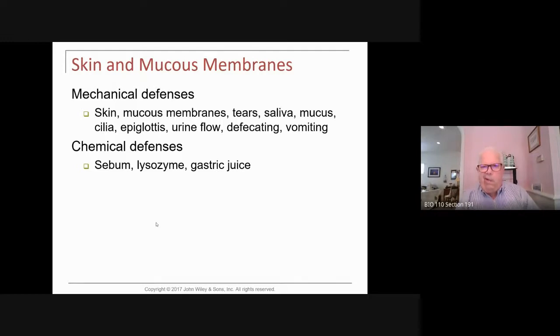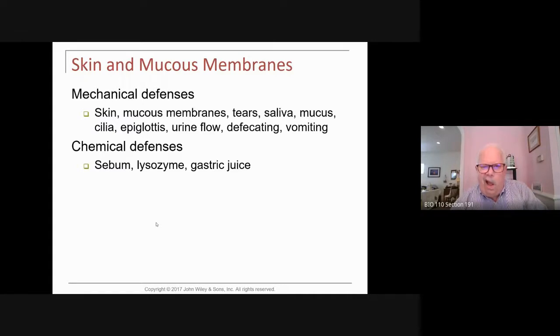Your skin is a barrier. You have tears to wash away bacteria from your eyes. You have saliva. In the saliva are enzymes to kill bacteria. You have mucus. You have cilia in your lungs to get rid of dust. Cilia are hairs. Your epiglottis will close to prevent things from getting into your trachea. Your urine has got acidity to it.